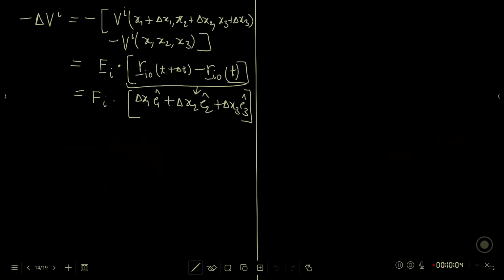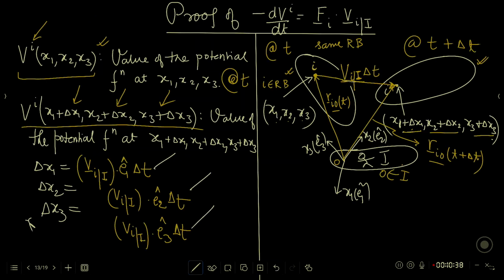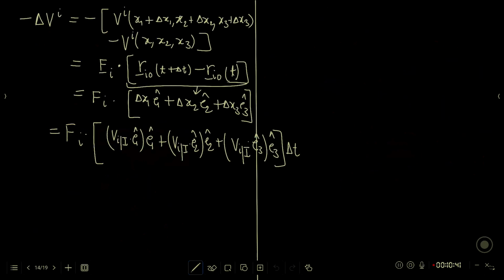So I am going to replace this, taken delta t common outside. Everything had delta t, taken that delta t common outside, and these are dot products between the vectors.